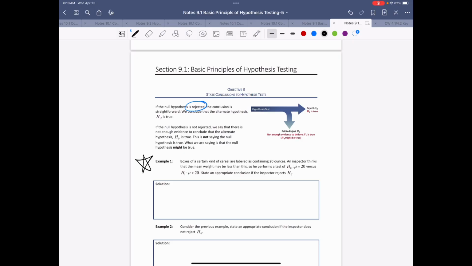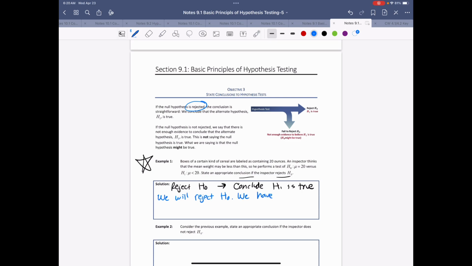Here's the same question about the inspector. And in this, say he gets enough evidence that he rejects H0. If you reject H0, you're going to conclude H1 is true. Here's how we're going to say it. We will reject H0. And if you like to say I will reject H0, that's perfect. I'm going to say we will reject H0, period. That's all we're going to say about H0.